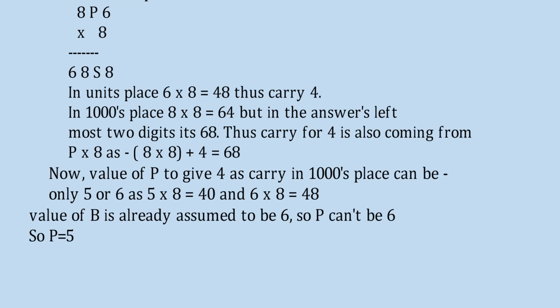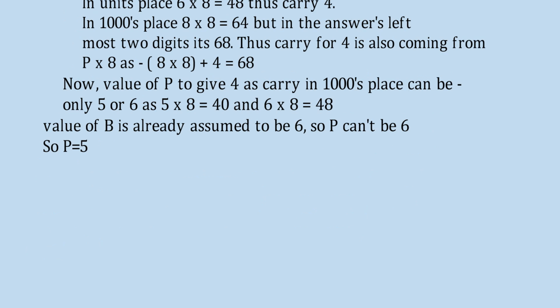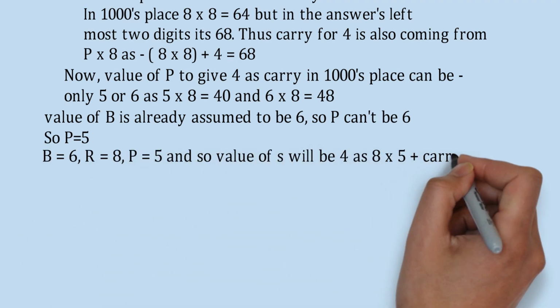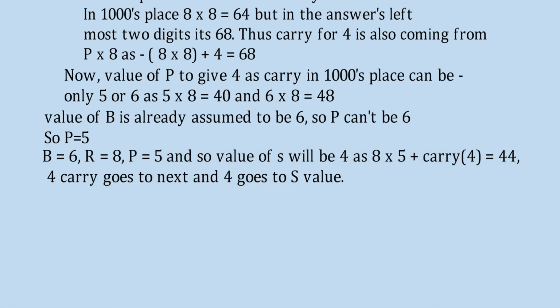So P cannot have the value 6, because all the cryptarithmetic variables have to have distinct values. So P can only be 5. So now we have B equal to 6, R equal to 8, P equal to 5. And the value of S will be 4, as 8 into 5 plus carry of 4 will give 44.